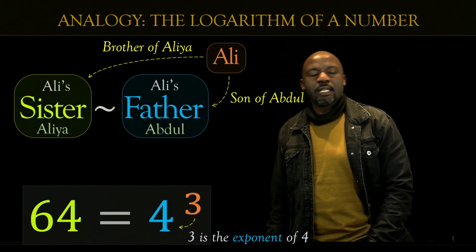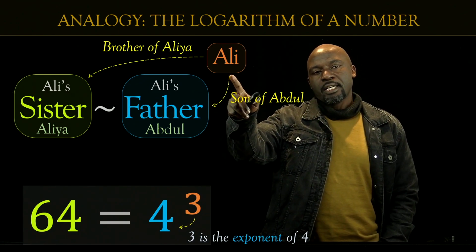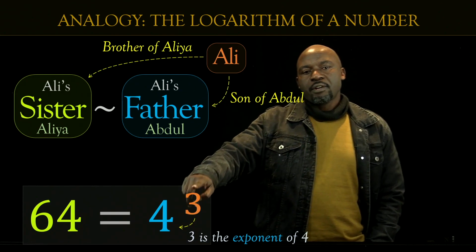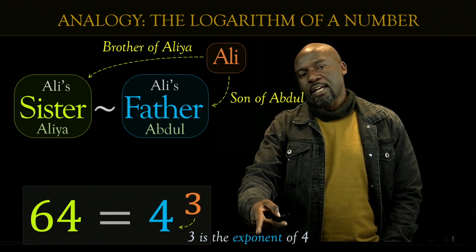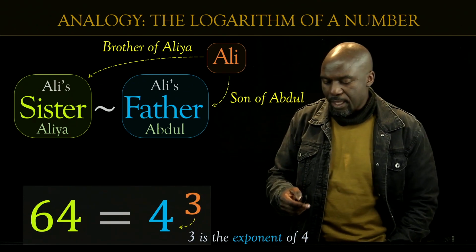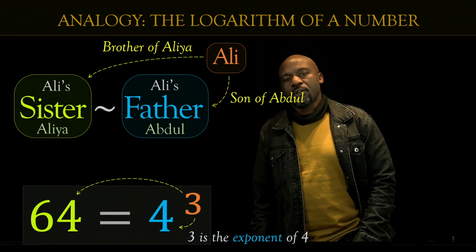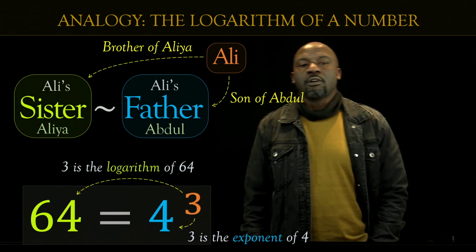So we say 3 is the exponent of 4, in the same way that Ali is the son of Abdul. But when we are referring to 64, we can no longer say that 3 is an exponent of 64. And this is where this name comes from. In reference to the 64, we can say that 3 is actually the logarithm of 64.